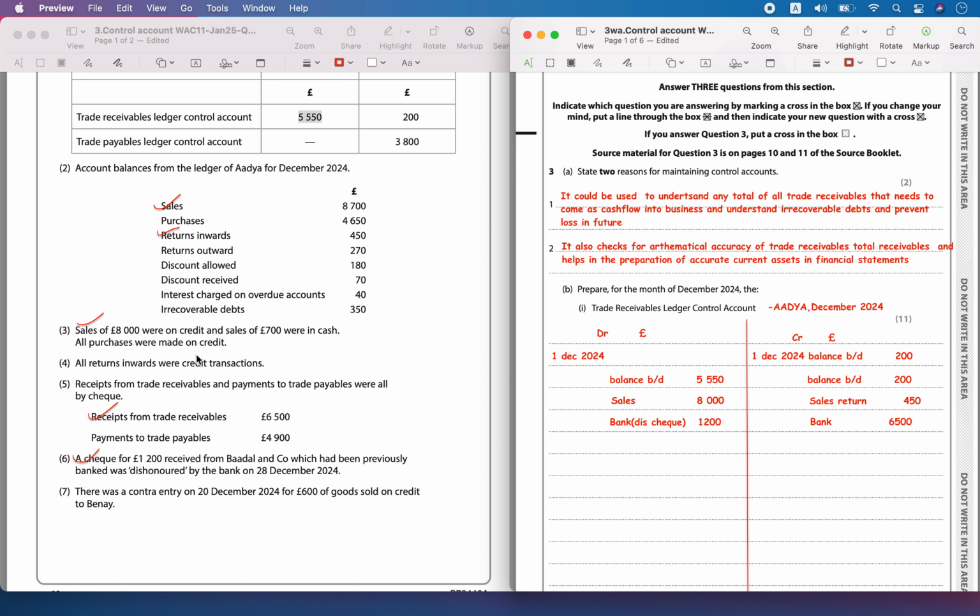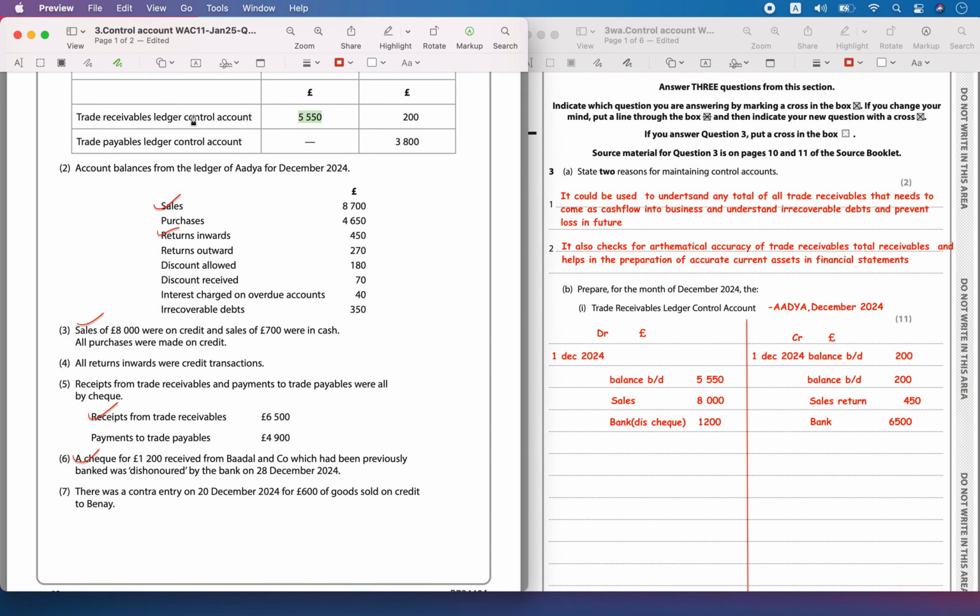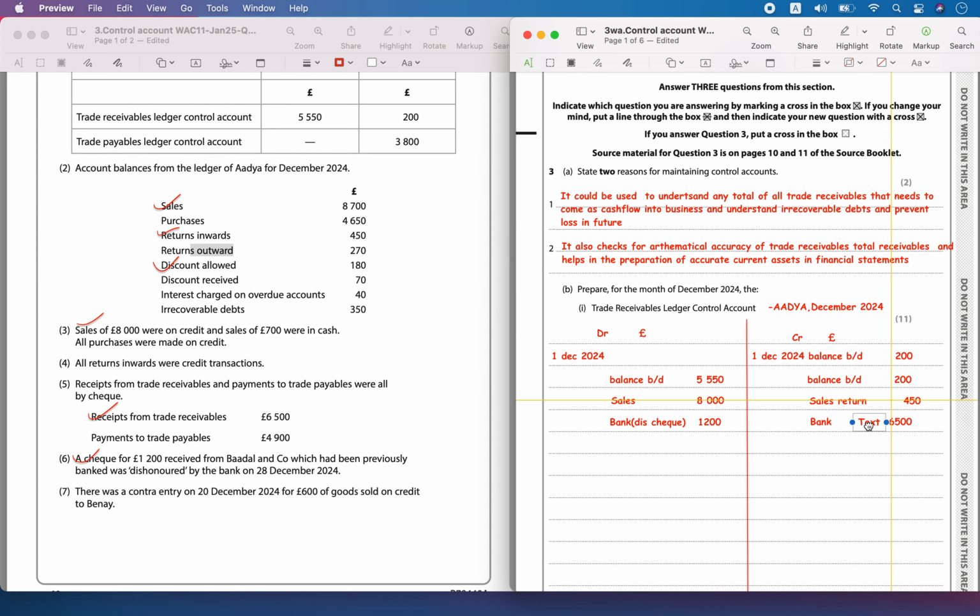Then because they paid early, there was a discount given. What was the discount allowed when they paid? It was 180, so let's write that discount allowed.